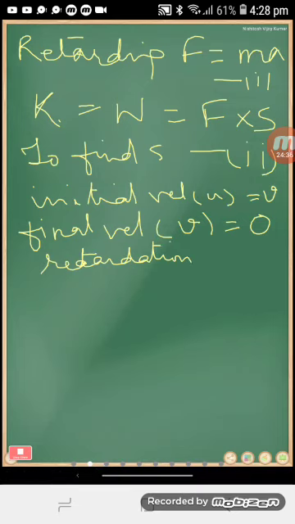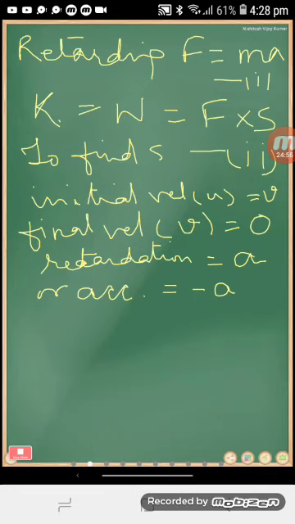Retardation is equal to a, or if you want to express it in terms of acceleration, then we can represent it as minus a. Now the equation which we are going to use: we have v, we have u, we have a, and we have to find out s.